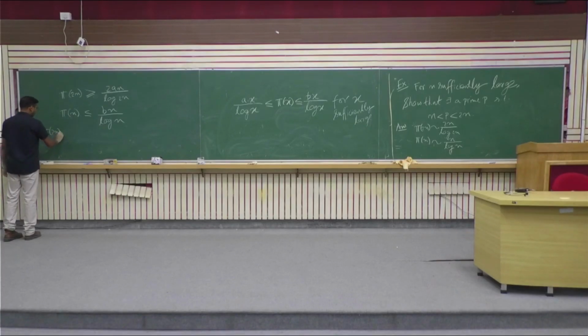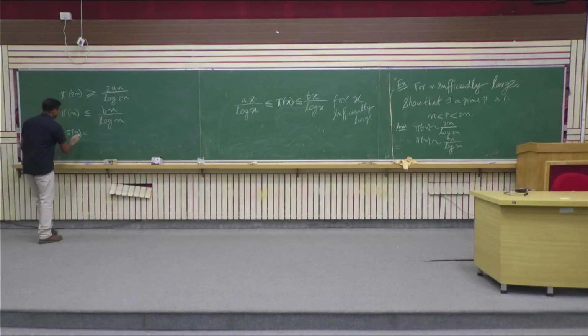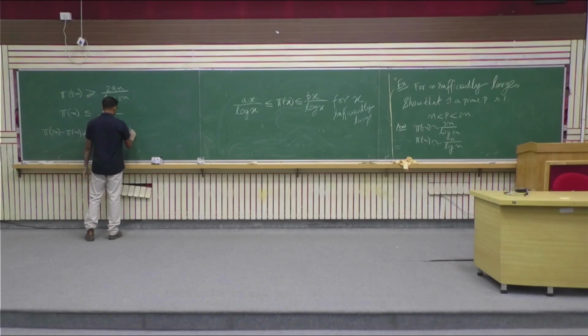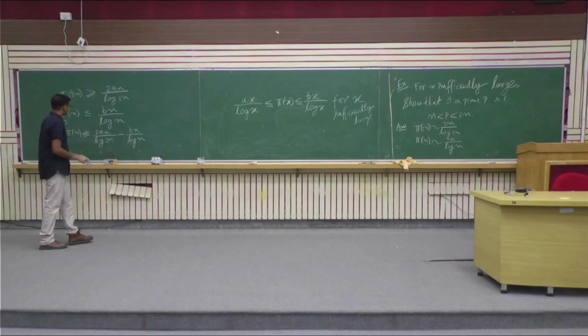So pi of 2n minus pi n is greater than or equal to 2an by log 2n minus bn by log n, right?